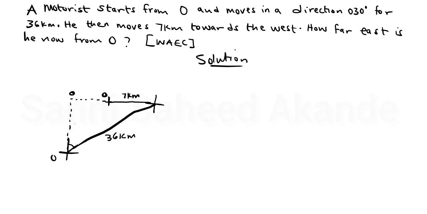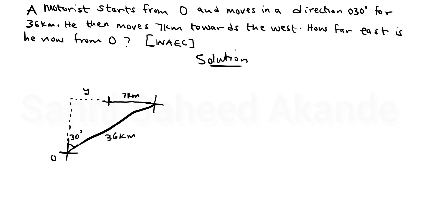Okay, so now let's tag this length y. Understood? So I'm going to mark this angle 30 degrees because that is what we're given in the question. Then I'm going to apply sine 30 on this triangle because sine 30 will capture this opposite, which is y and 7 kilometers, and the hypotenuse.